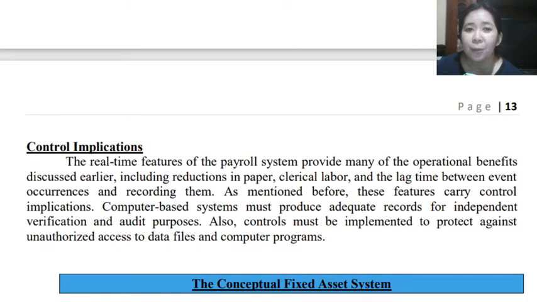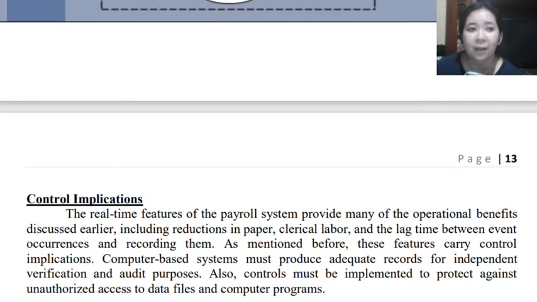What about control implications? Here, the real-time features of our payroll system will provide many of the operational benefits discussed before. This includes reduction in paper, clerical labor, and even the lag time between the event occurrence and the recording time. As mentioned before, these features will carry control implications.